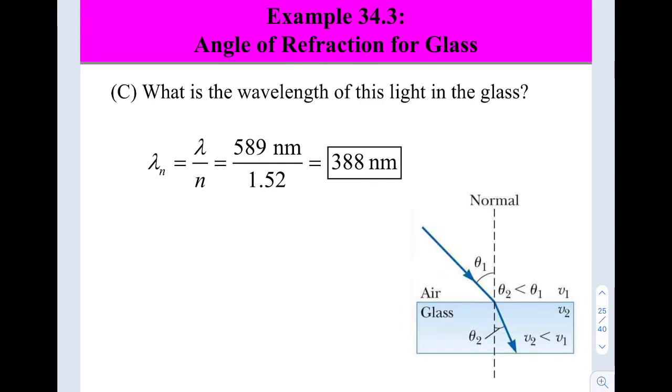What is the wavelength of this light in the glass? Based on N being equivalent to lambda in vacuum over lambda in the material, the lambda in vacuum or air is 589 nanometers over the N of the glass. You have 388, which is smaller compared to the lambda within air or vacuum.